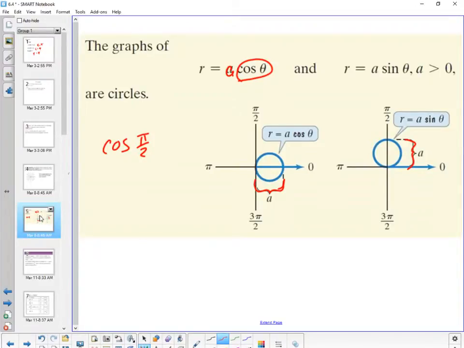So pick a number for a. Let's go with 1. So 1 times 0 is 0. There's your first coordinate. And that's all we're really doing, we're just finding coordinates all the way around. Same thing for sine. And it just turned out that that's what it looks like. But it should kind of make sense, because cosine is your side to side, your x-axis. When we talk about cosine, it's your x, and when we talk about sine, it's your y. So it makes sense that the cosine circle goes here and the sine circle goes there.